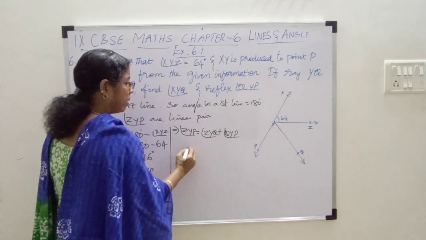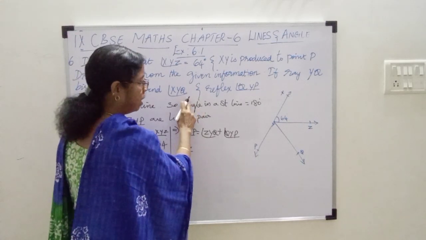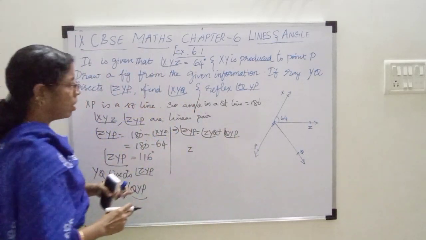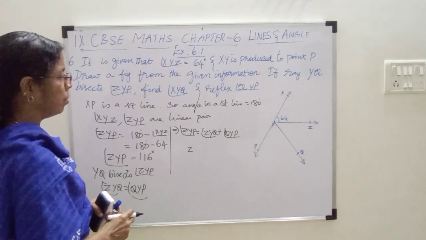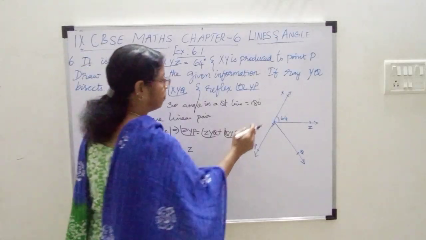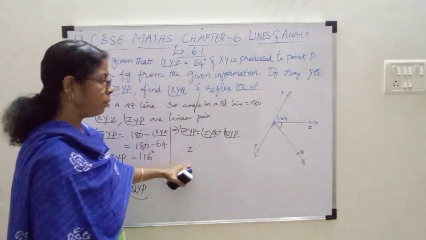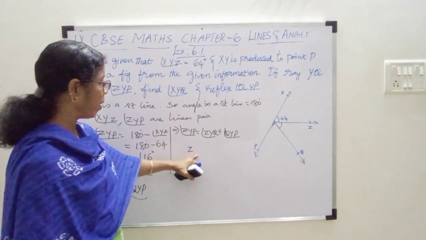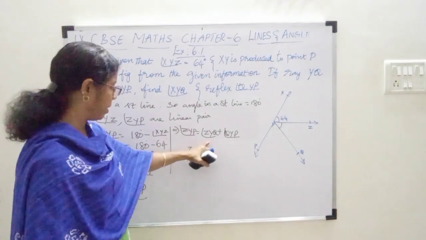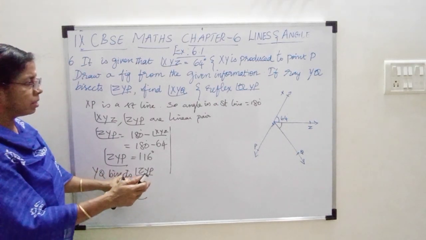What did they ask? Angle XYQ. Find angle XYQ. Now, YQ bisects angle ZYP.